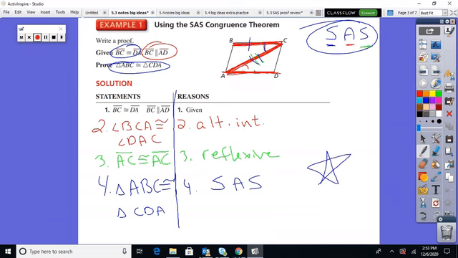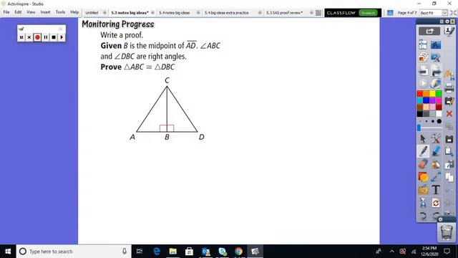So there you go, guys. A very important example illustrating how SAS is all you need. We didn't need to say that the other two angle pairs were congruent, or the last pair of sides was congruent. Once you can get sassy, that is enough to say the triangles are congruent. All right, pause the video and try this one.